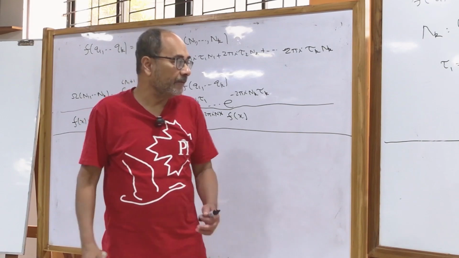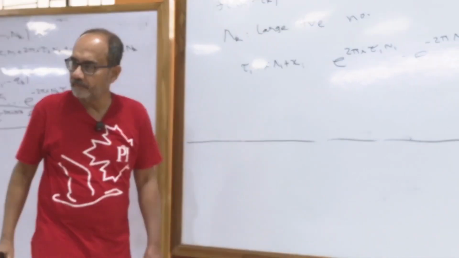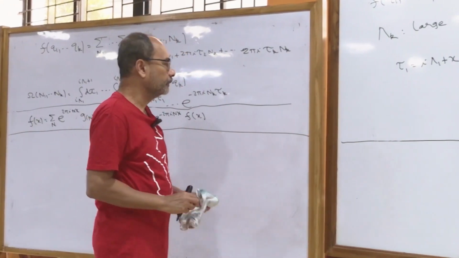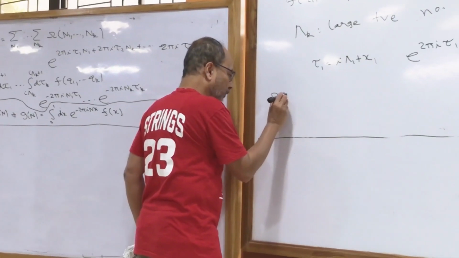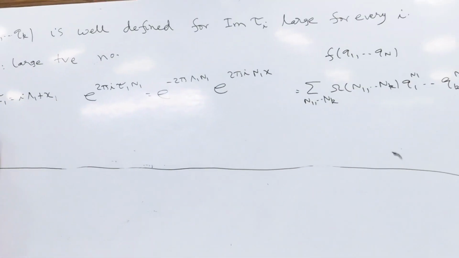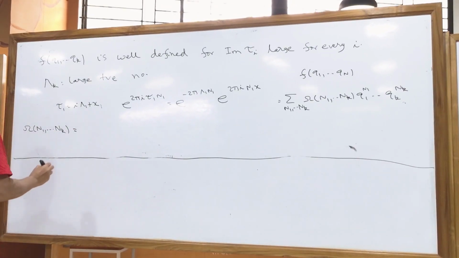No, they are independent variables. So let me write this again. So you have omega n1 to nk as an integral.